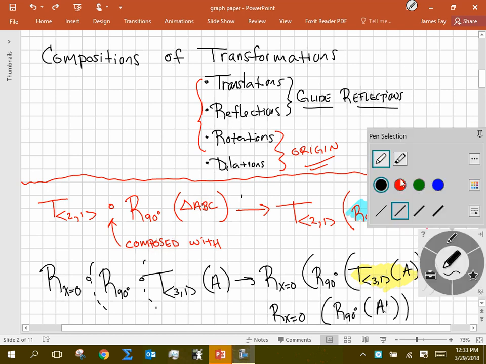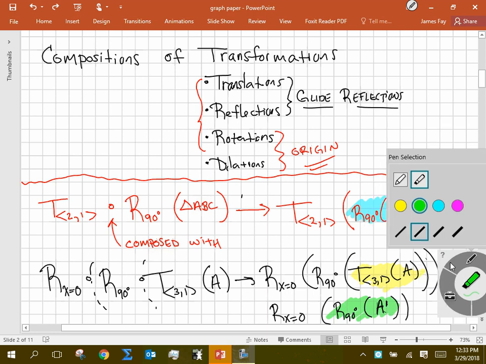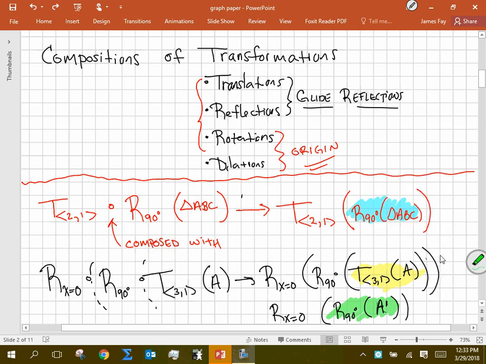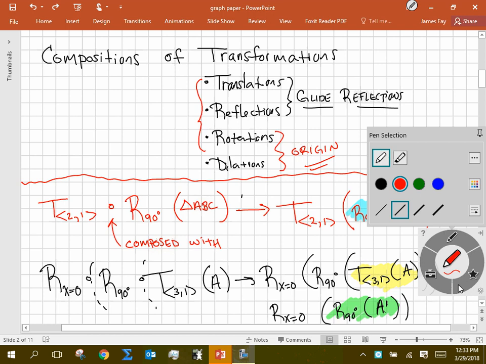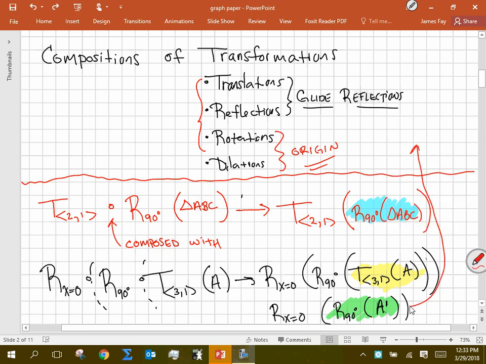I'm running out of room here, so I'm going to go up here. A prime would turn into A double prime. So this goes away, turns into A double prime, but you still have this final transformation on the outside, and now you would reflect A double prime across the line x equals 0. Does that make sense? Is that doable?